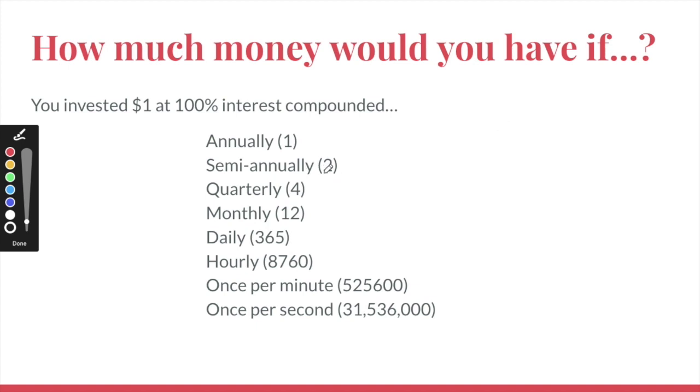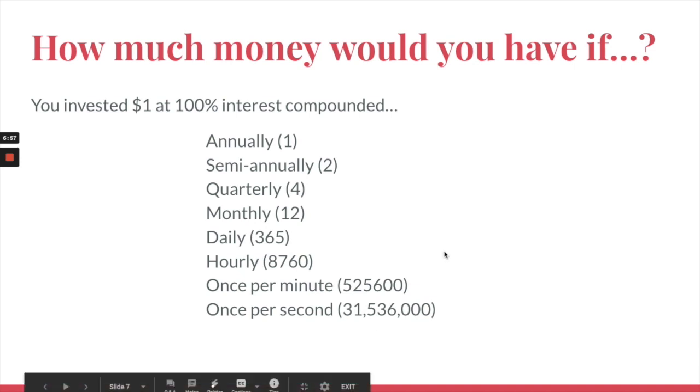With semi-annually, we would have to divide the 1 by 2. With quarterly, it would be with a 4. So if we were calculating interest once every second, so 31,536,000 times in 1 year, I feel like I would have a pretty good amount of money.